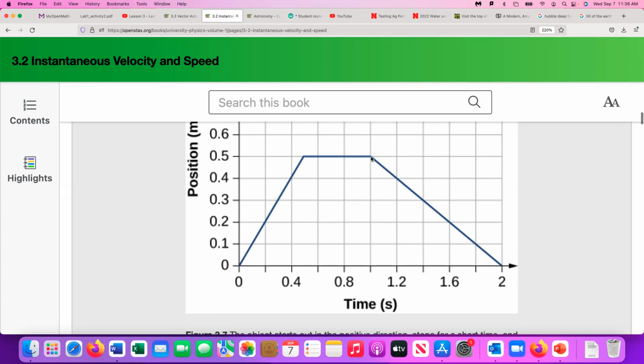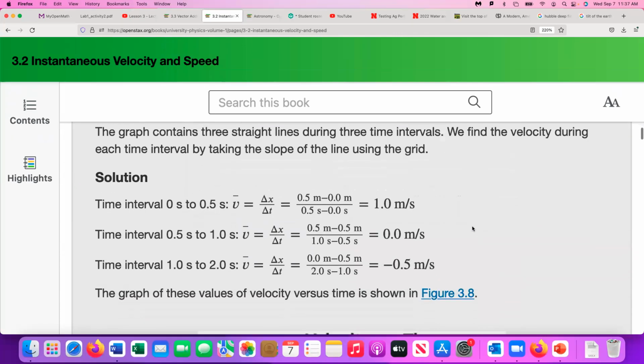In 1 second, we go from 0.5 all the way down to 0. And that's going to be a change over that time period of negative 0.5 over 1. So we have 0.5 over 0.5, which is 1 for the slope here, negative 0.5 over 1 over here, which is going to be negative 0.5 for our slope at the end.